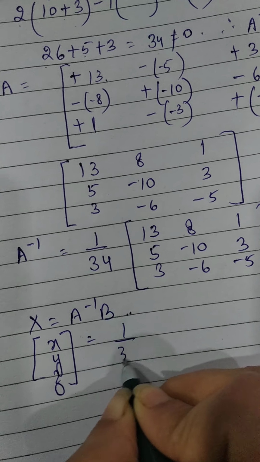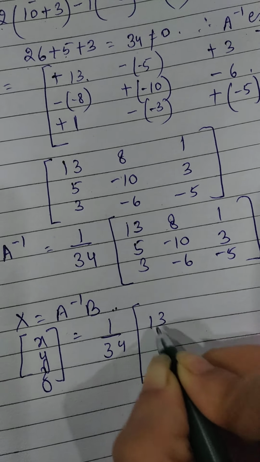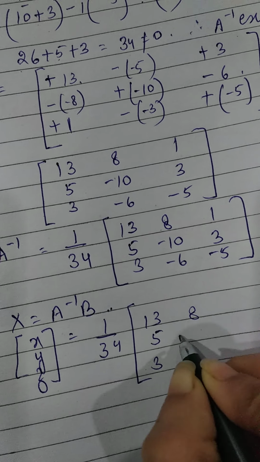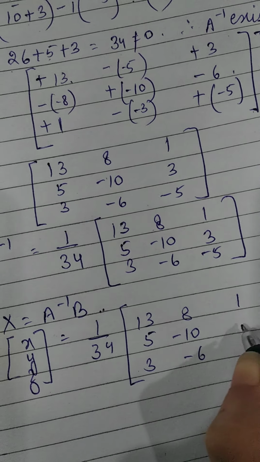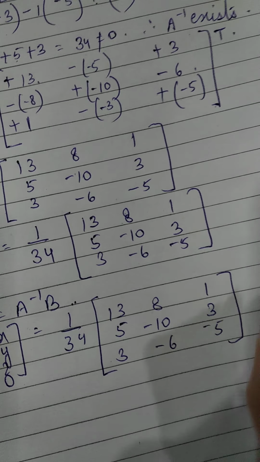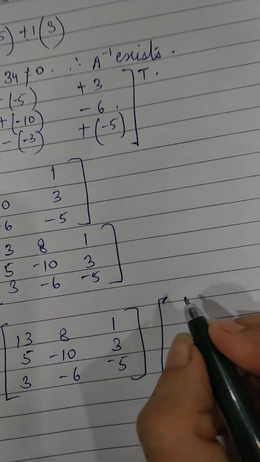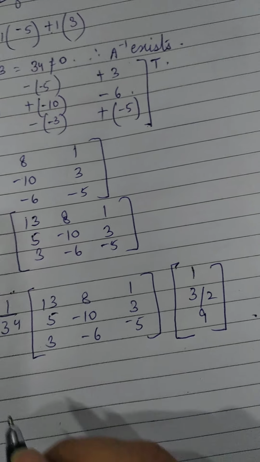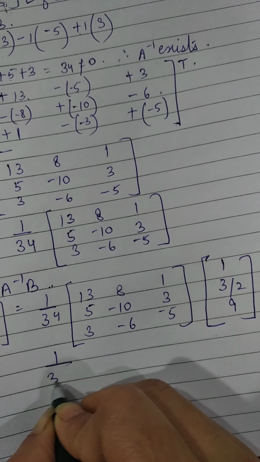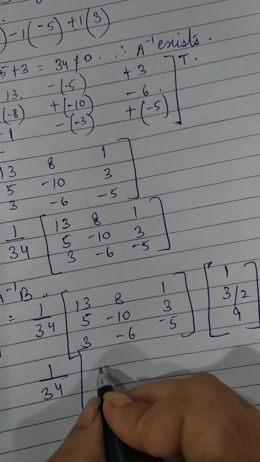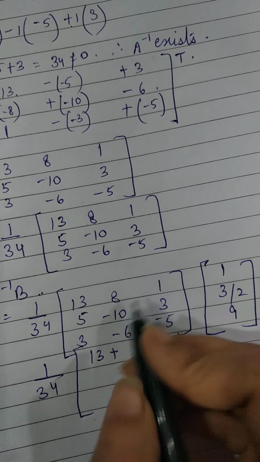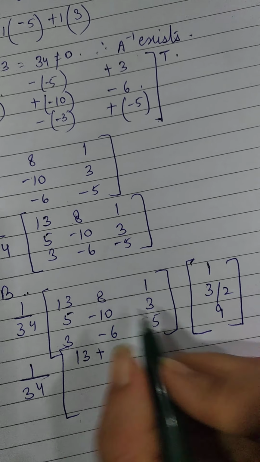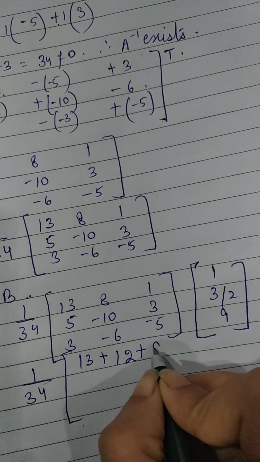A inverse is 13, 5, 3; 8, -10, -6; 1, 3 and -5, and B consists of 1, 3 by 2 and 9. Right? So finding the product, this is 13 plus 8 into 3 by 2, which is 12, plus 9.